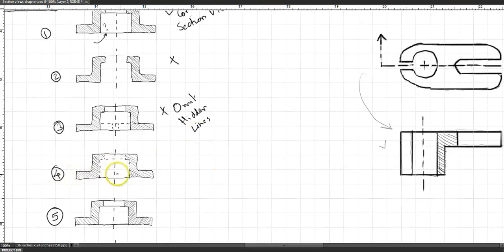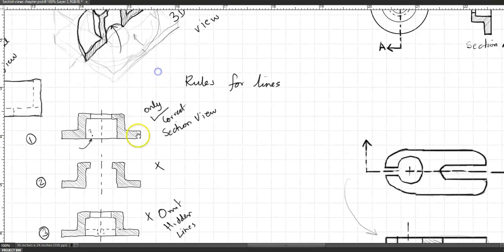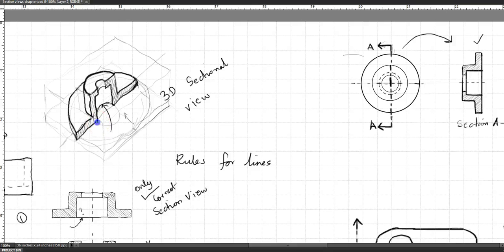The next one, number 4, again you see some hidden lines. Now obviously this is wrong. Why? Because first of all, this should be a solid line. Because when I'm cutting through it, I'm seeing that. So that's a solid line right there. It cannot have a hidden line.